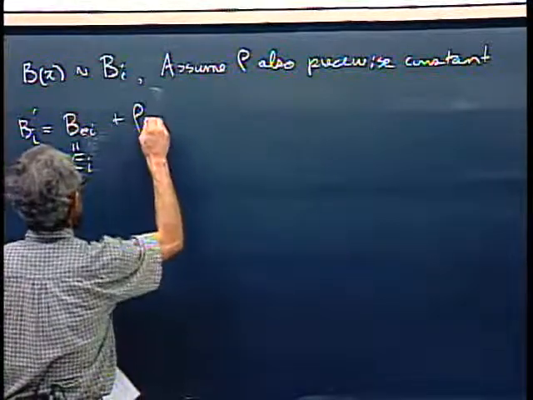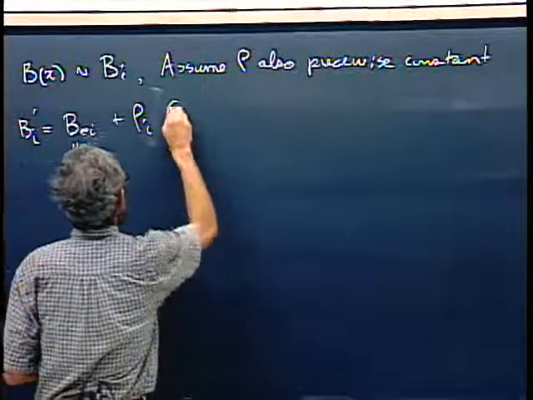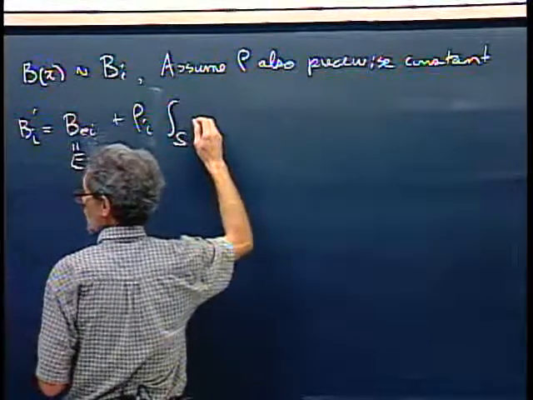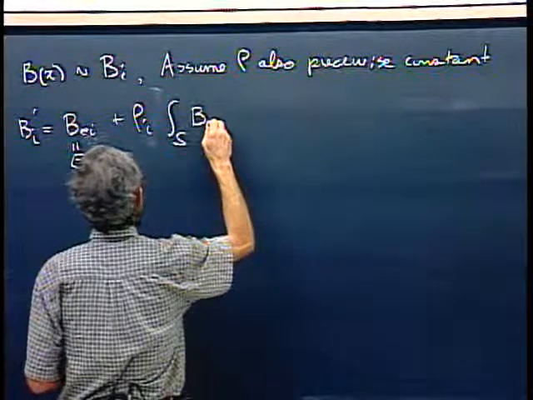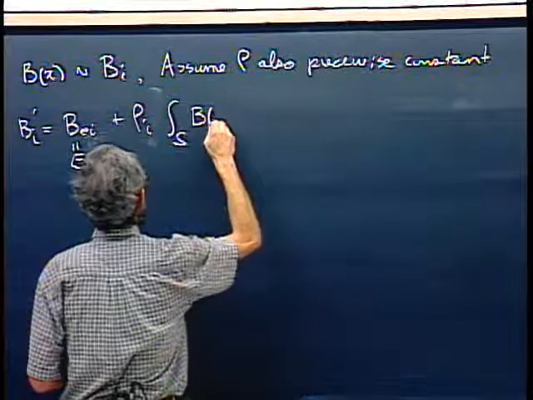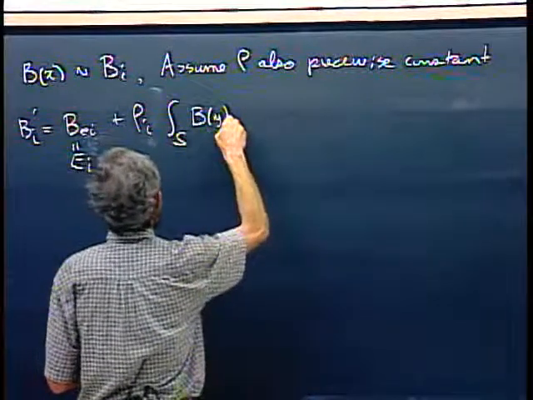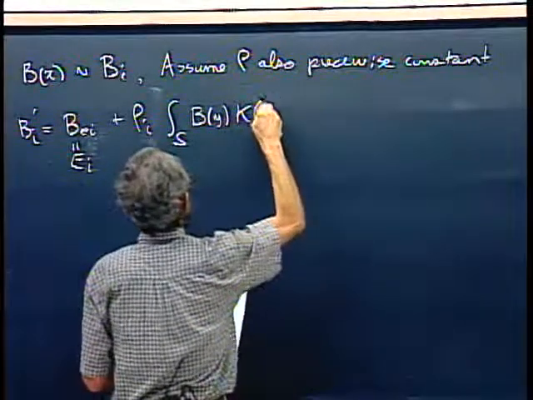Okay, so that means I'm going to have a constant rho i here for this rho of x, and now I have the integral over the surfaces of B. What do we call this? Well, I can't put it. Let me keep it B of y, and then I'll substitute after I break this surface up into a bunch of different surfaces.